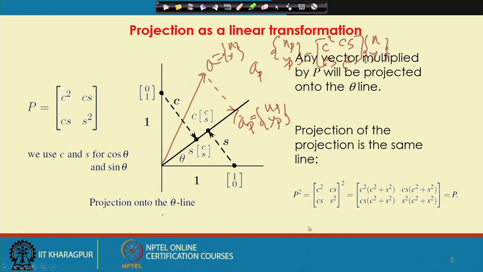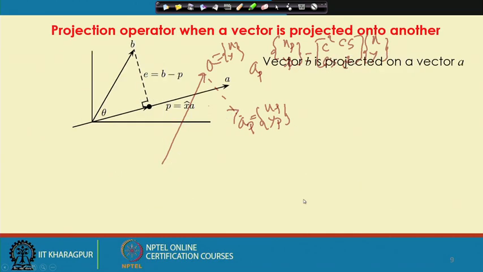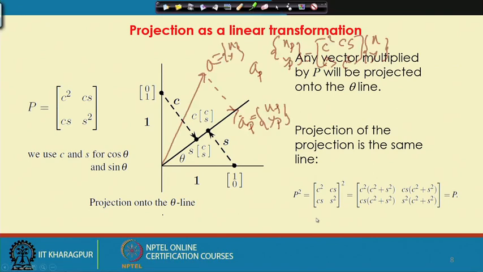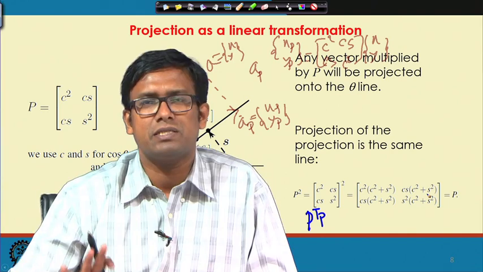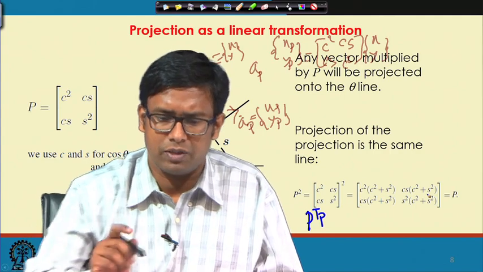So, p square is basically p transpose p, as it is a square matrix, and it is nothing but the p matrix. So, when we project a line once more, it is already projected, so it becomes the same line. Projection operation done n number of times is the same as doing the projection operation once.